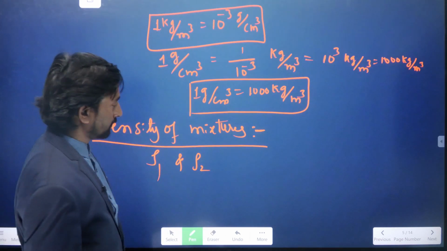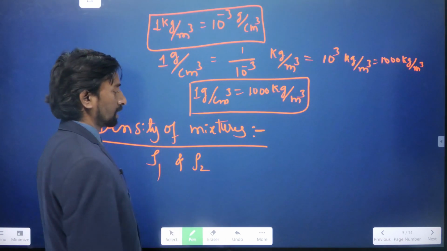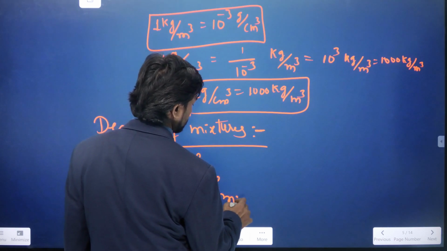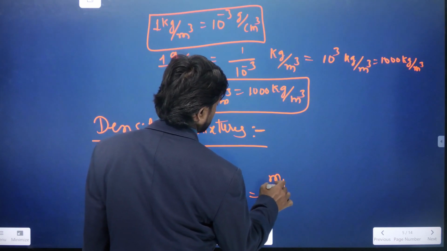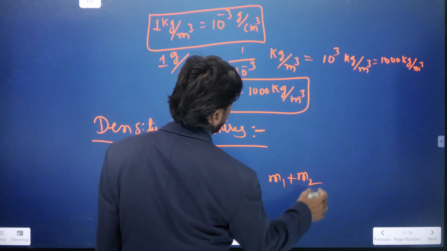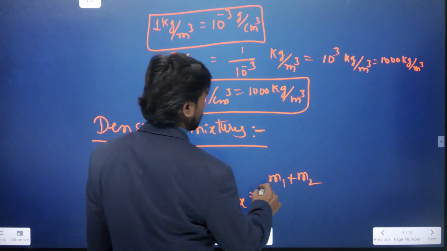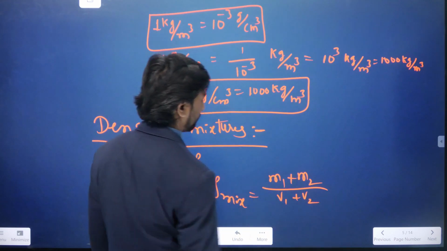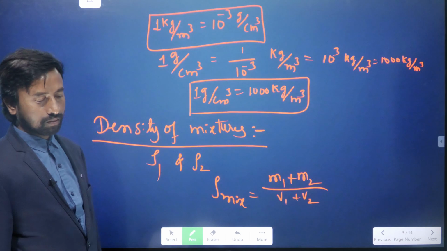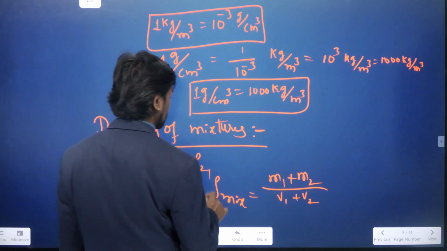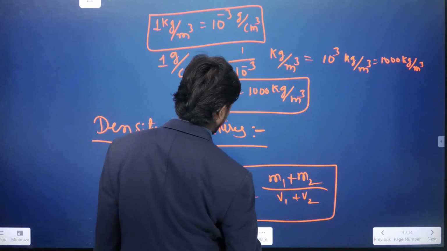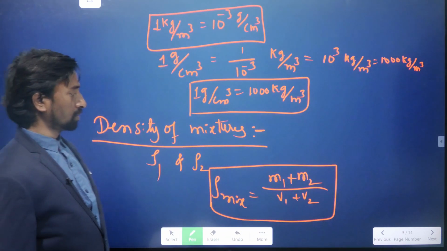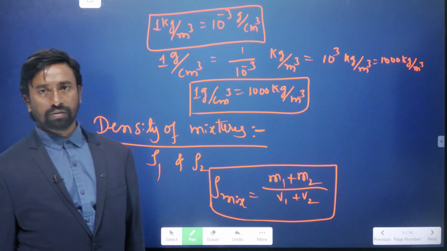The density of the mixture can be written as the total mass of the two substances divided by the volume they occupy, so V1 plus V2. This is the basic formula for the density of mixtures when two substances having mass and volume are mixed together.